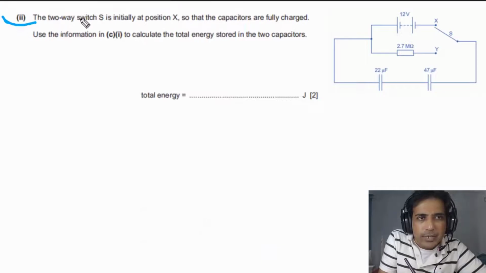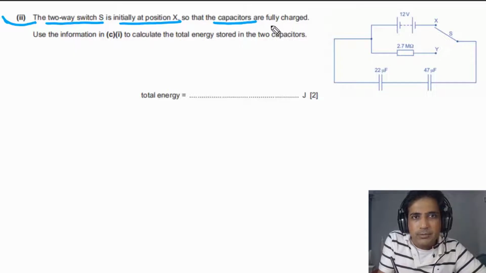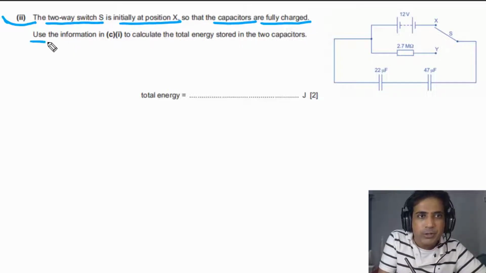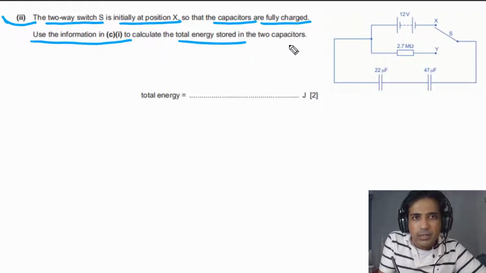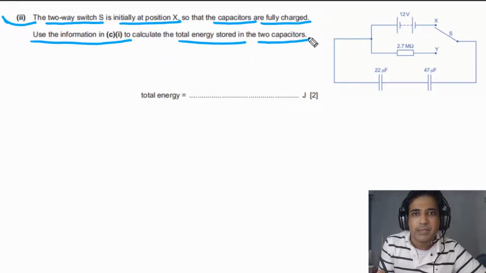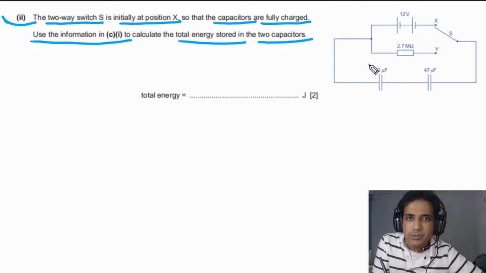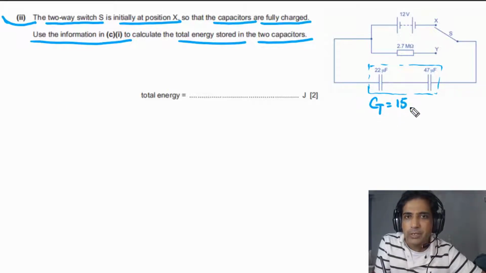For the second part, it is given to us the two-way switch S is initially at position X so that the capacitors are fully charged. We need to use the information in C1 to calculate the total energy stored in the two capacitors. So in this case, you need to understand these two capacitors. The total capacitance is equal to 15 microfarads. So we can replace these two capacitors with one single capacitor.